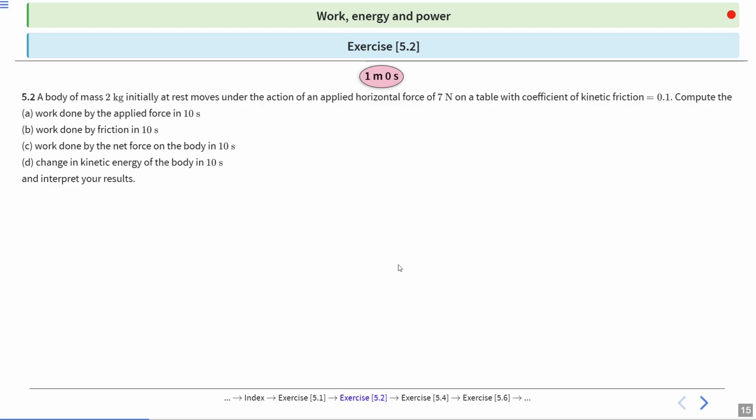A body of mass 2 kg initially at rest moves under the action of an applied horizontal force of 7 Newton on a table with coefficient of kinetic friction equal to 0.1.